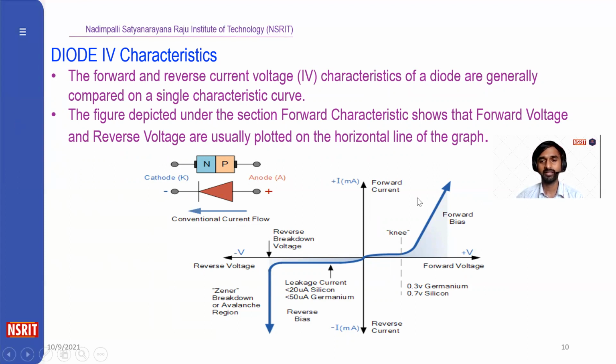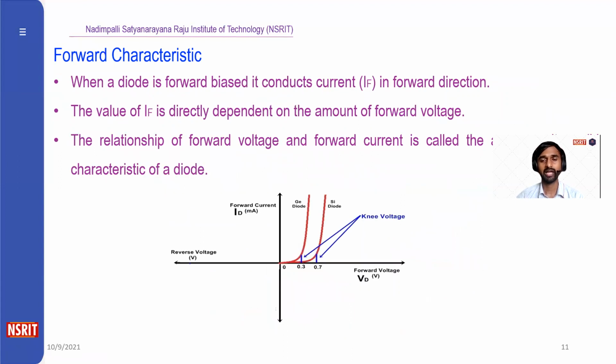As you can see here, this entire diagram depicts both the forward and reverse bias characteristics of a PN junction diode. Now let us see each of these characteristics individually. First we will see the forward bias characteristics, and then the reverse bias characteristics. Now let us move to the forward characteristics of the PN junction diode.